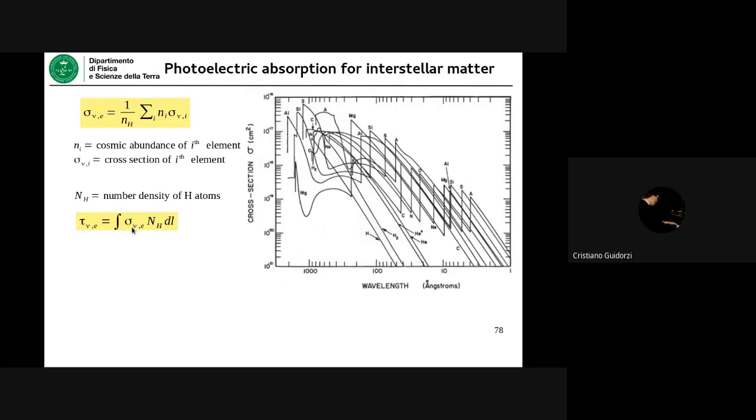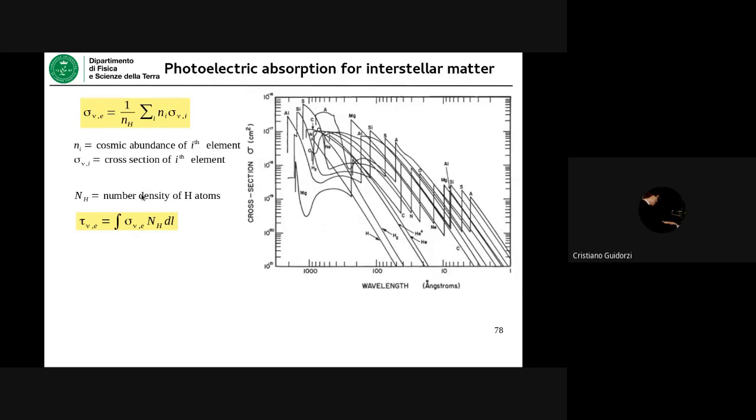And given that we use the so-called effective cross-section, the resulting optical depth is, as a consequence, also a kind of effective. What this means is that when you calculated the effective cross-section, you already assumed a relative abundance for each individual element with respect to hydrogen, essentially.